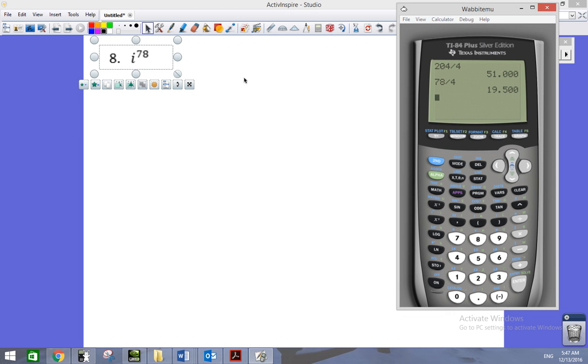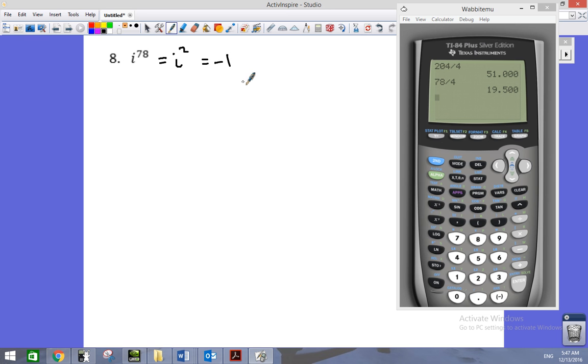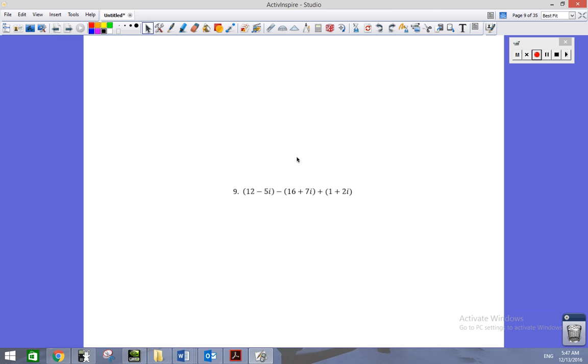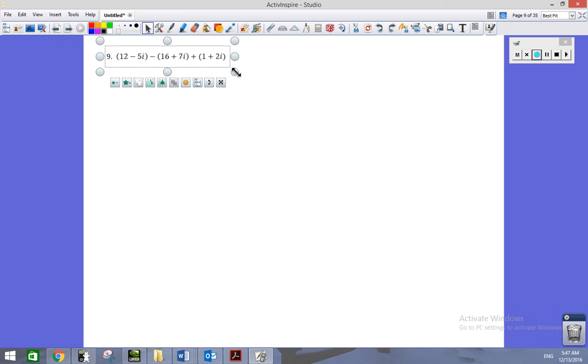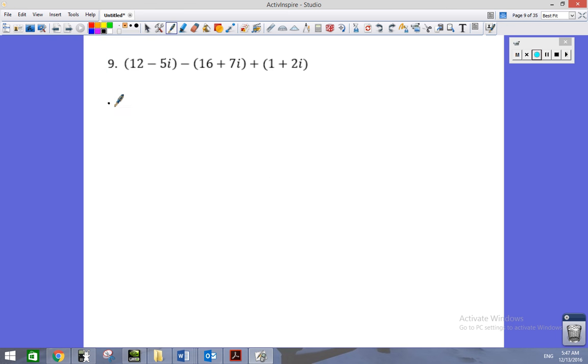The remainder is 2. 12 minus 16 is negative 4. Negative 4 plus 1 is negative 3.